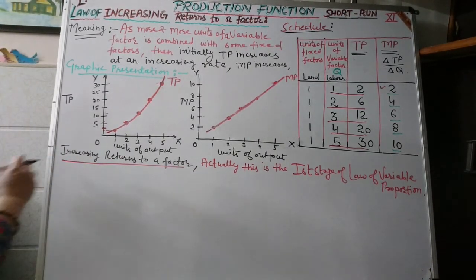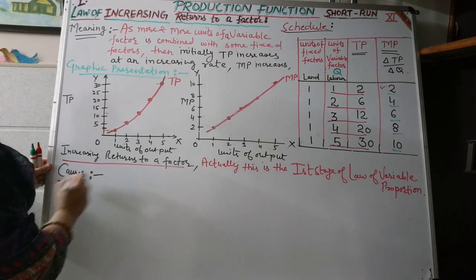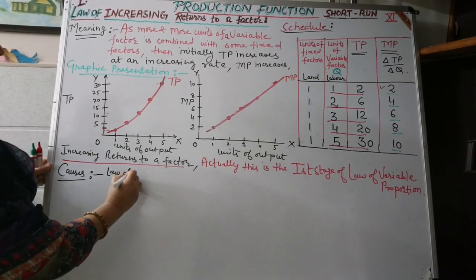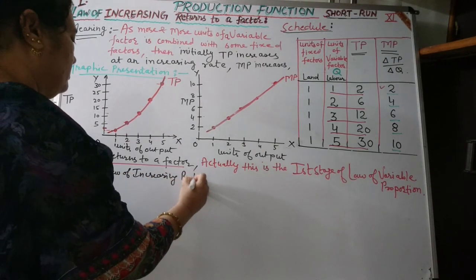And now let us see which are the causes of operation of the law of increasing returns to a factor.